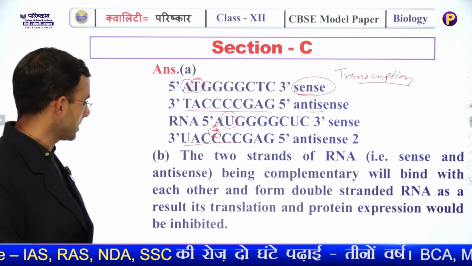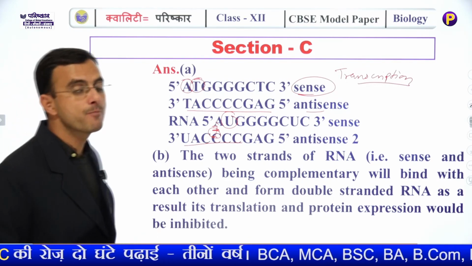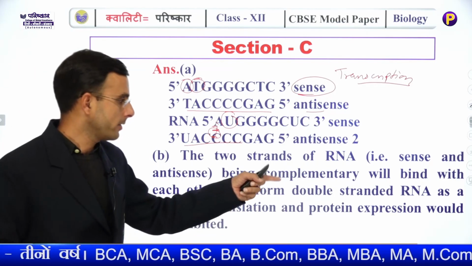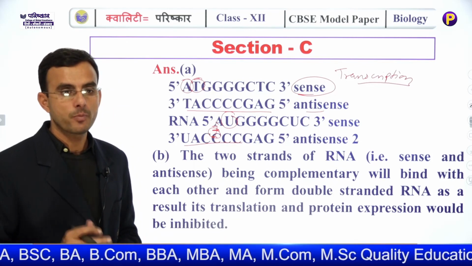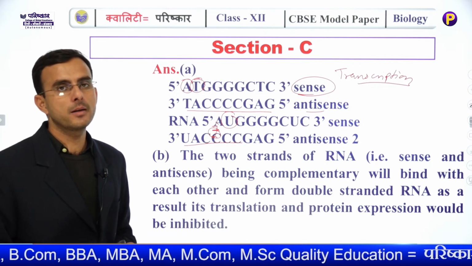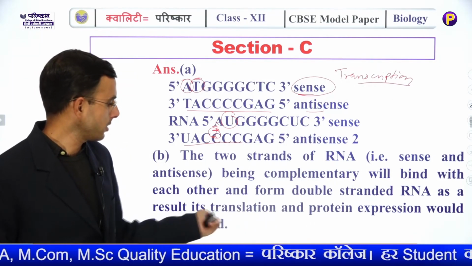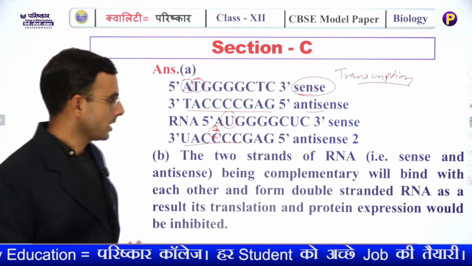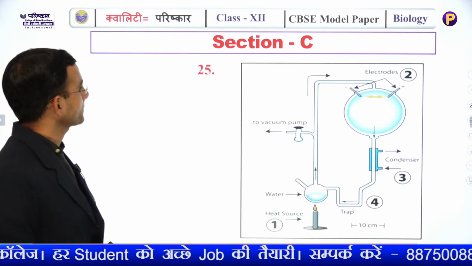As a result, its translation and protein expression would be inhibited. Because of this reason, RNA works as a single-stranded molecule, and if you convert that RNA into a double strand, it creates a problem and cannot be expressed in the form of translation, and therefore the ultimate part, protein expression.